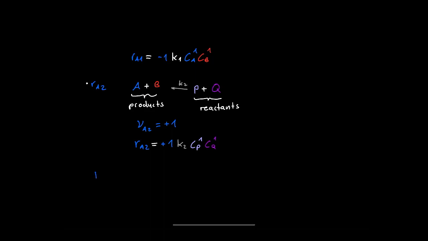So the reaction rate of the species A will result in the sum of the reaction rates RA1 and RA2, as in this way we will be considering both sides of the reaction.